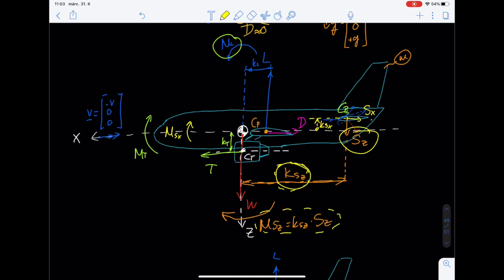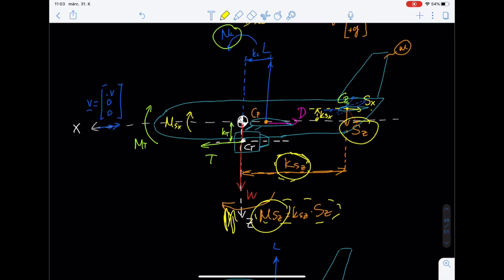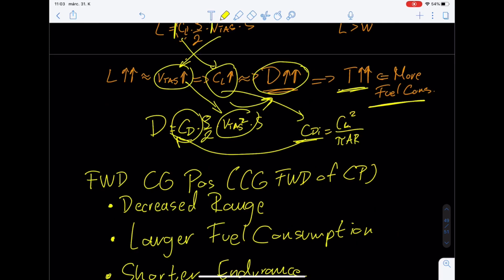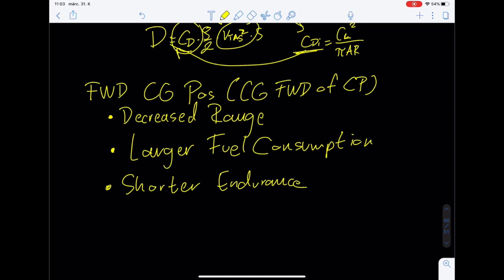So the hinge moment, this MSZ, is going to get larger. Therefore the aircraft is going to have a larger hinge moment, a larger stick force is what we call it. So with the forward CG position, we're also going to have a larger, or increased, stick force.